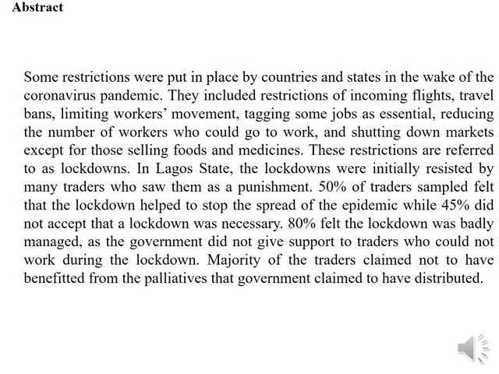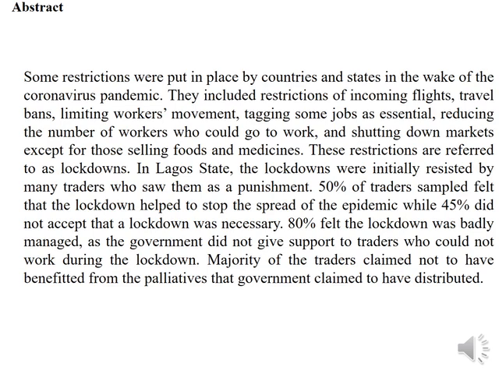So 50% of traders sampled felt that the lockdown helped to stop the spread of the pandemic, while 45% did not accept that a lockdown was necessary. 80% felt the lockdown was badly managed, as the government did not give support to traders who could not work during the lockdown.